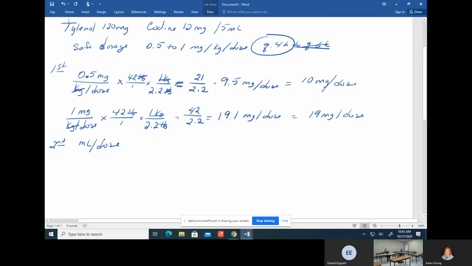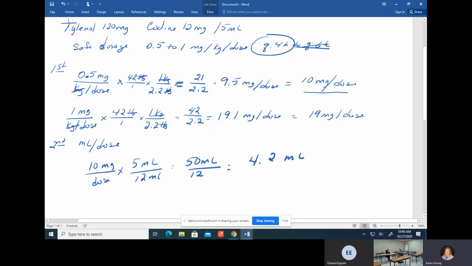So if I do the 12 milligrams, the 10 milligrams per dose times the 5 milliliters for 12 milligrams, that gives me 50 milliliters divided by 12. And I get 4.2 milliliters. Where did you get the 10 milligrams from? The same dose.